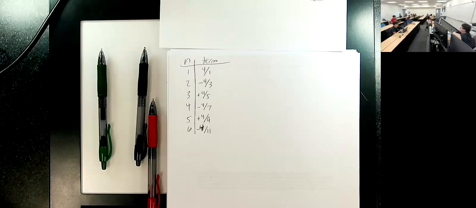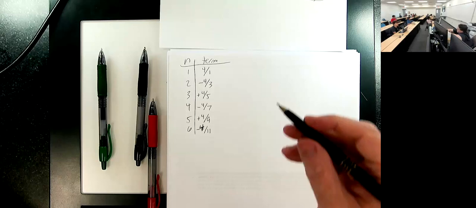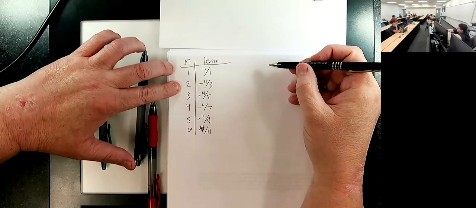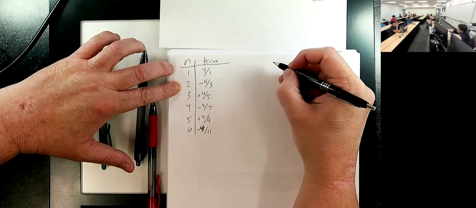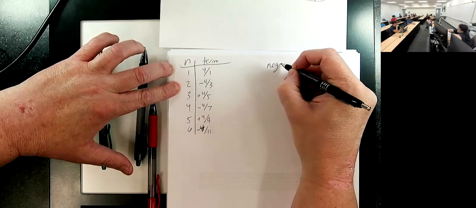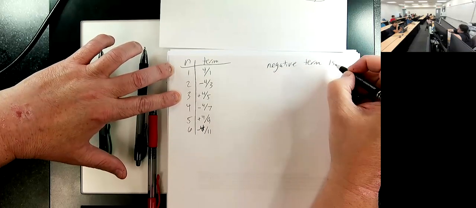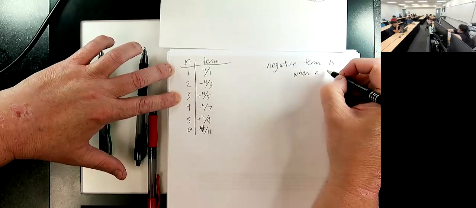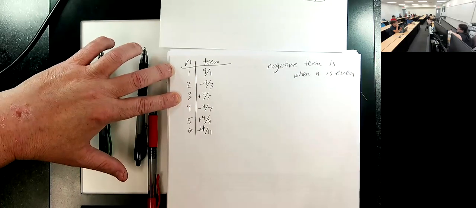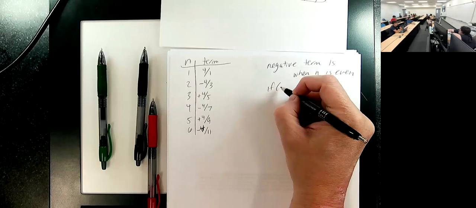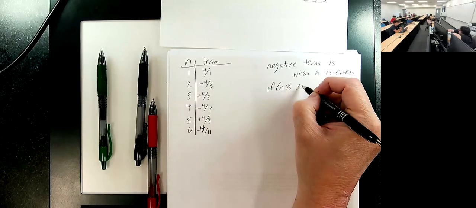We could say the negative terms are when n is even. Did everyone see that? So we could do if n mod 2 equals 0.